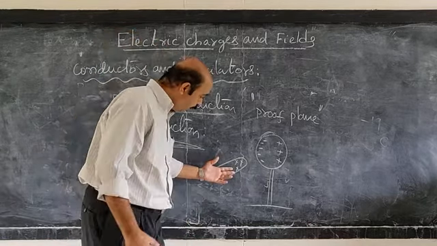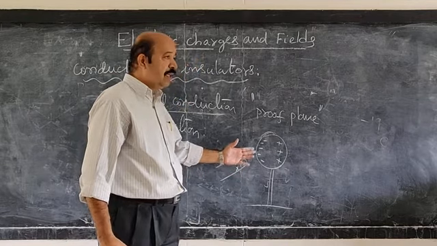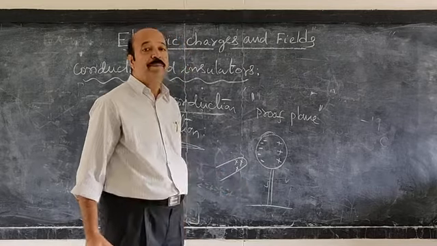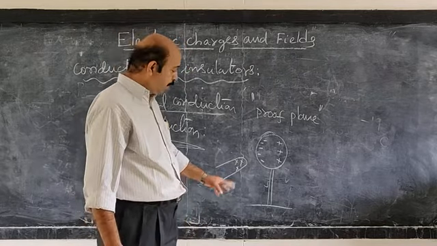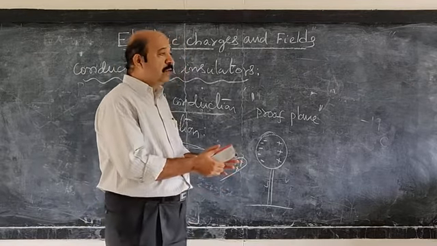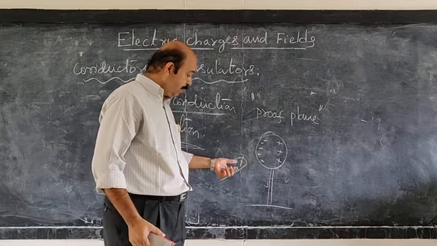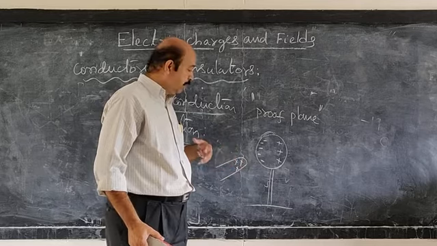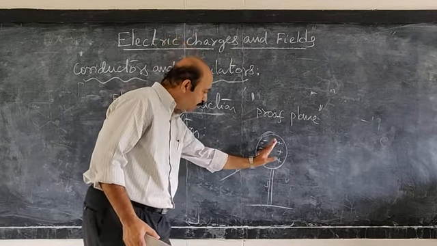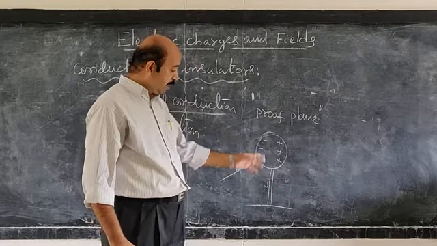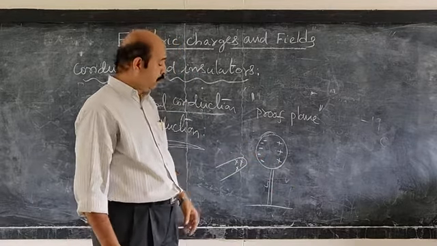So when you bring a charged body near a neutral body supported on a non-conducting support, what happens? Due to attraction between the opposite charged particles, the negative charges will drift to one side, leaving the opposite, that is positive charges, on the other side.